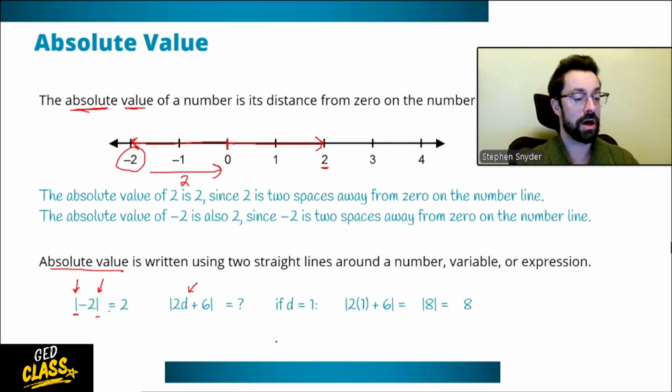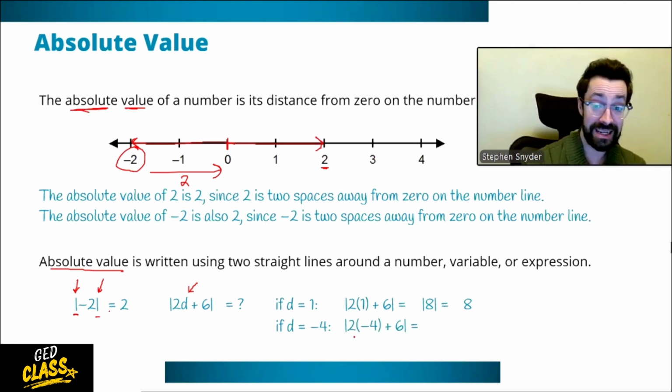But let's say, y'all, that they pick a different number for D. Let's say they pick -4. And now you're like, okay, well, 2 times -4 is going to be -8. A positive times a negative will be negative. And this is where the number line can help a little bit.